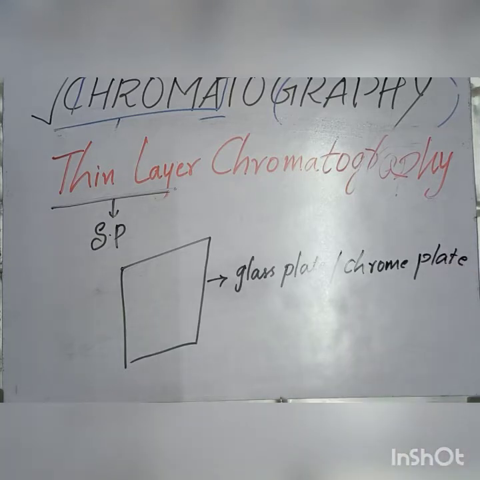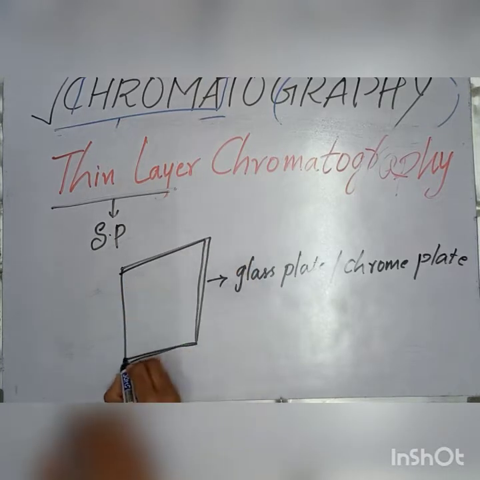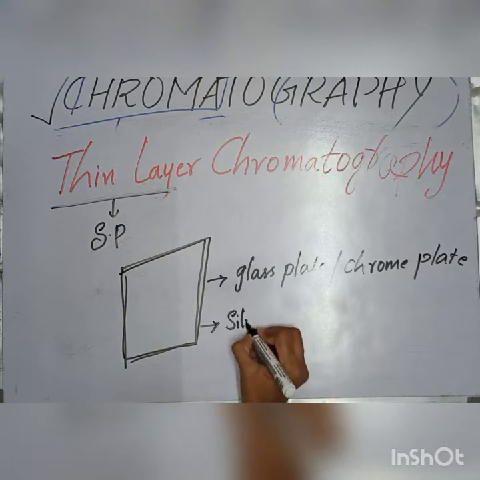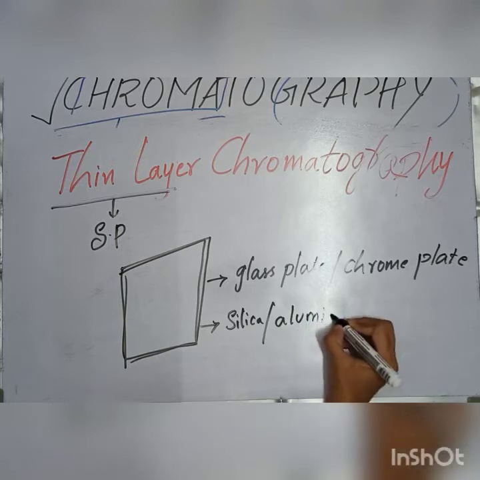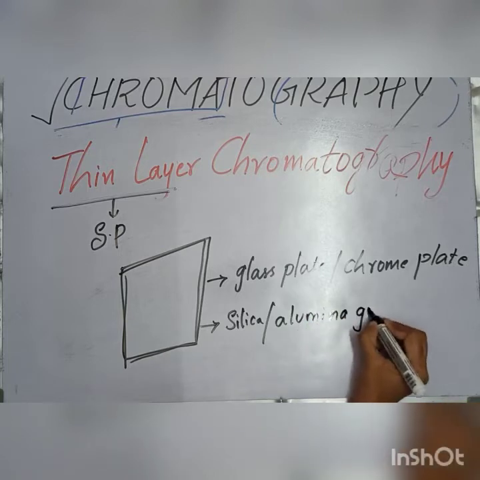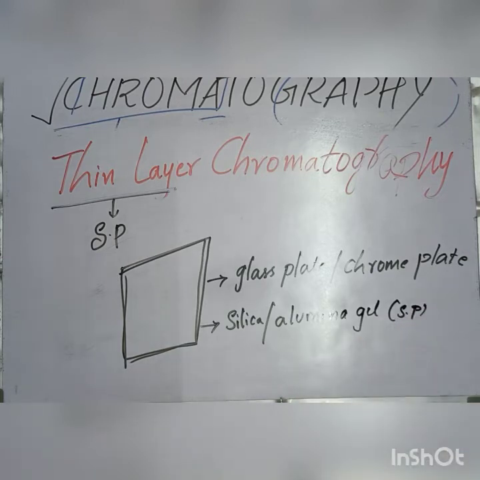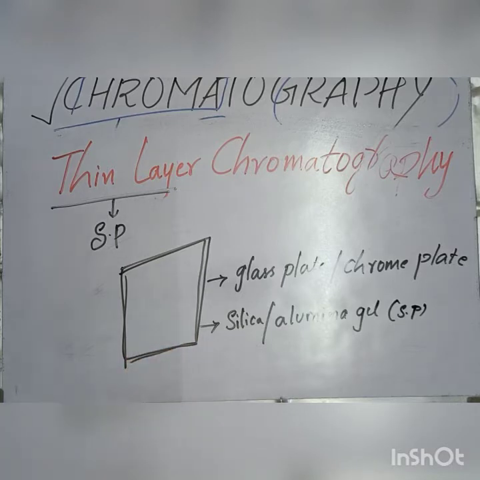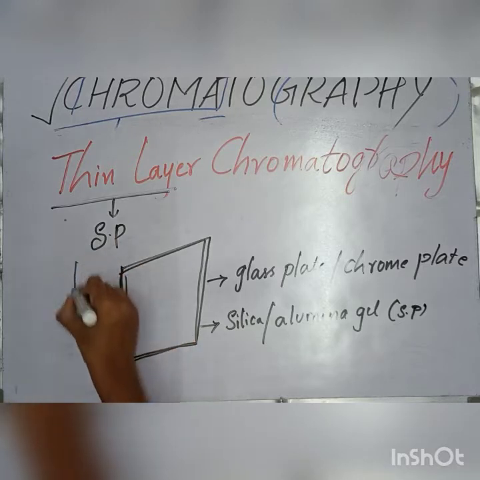Now this glass plate is coated with silica gel, which acts as a stationary phase. So silica or alumina gel will act as a stationary phase in thin layer chromatography. In the same way, like paper chromatography, we introduce this chrome plate in the beaker.